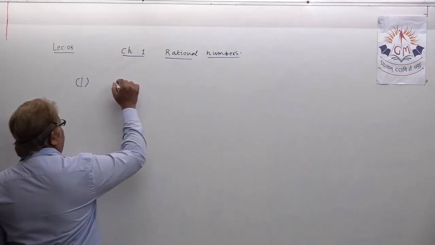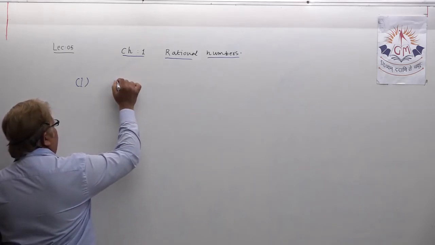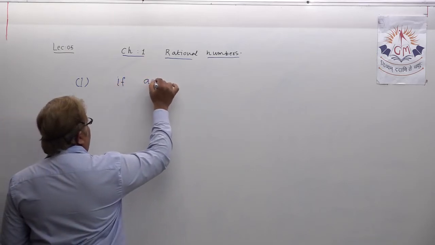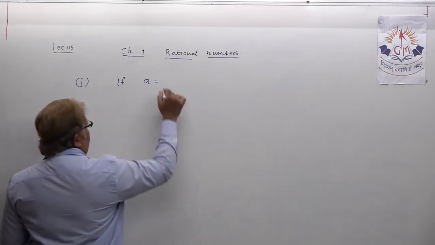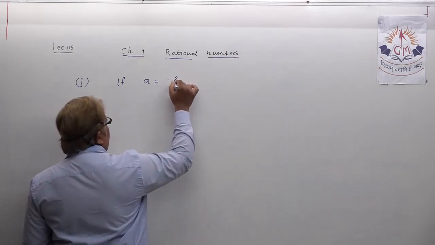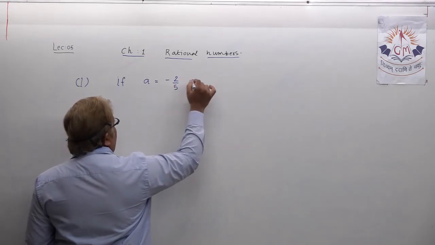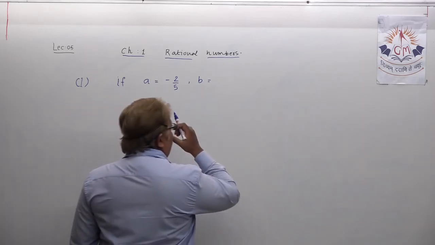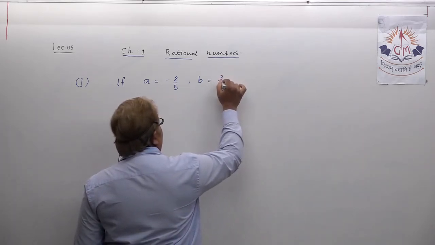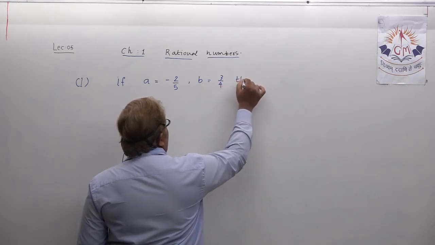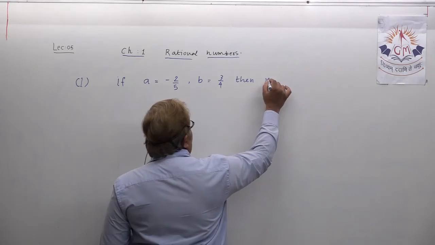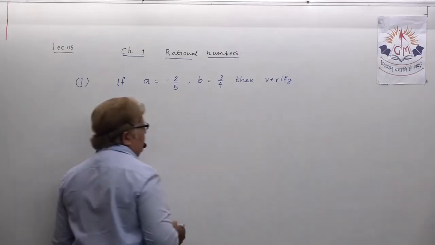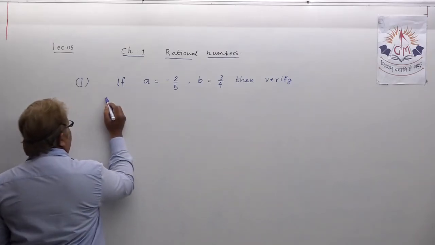Suppose you are given a sum like this. Just write with me. If A equals minus 2 upon 5, comma, B equals 3 upon 4, then verify. What do we have to verify? The first option in this sum.